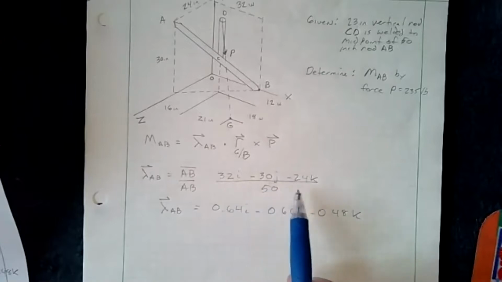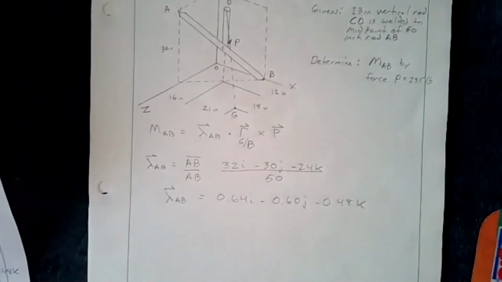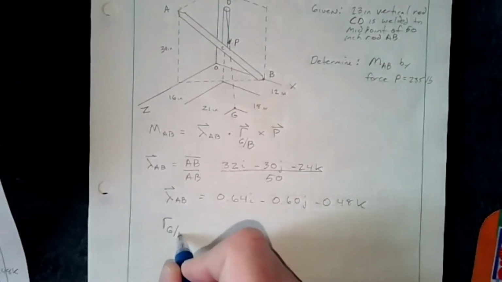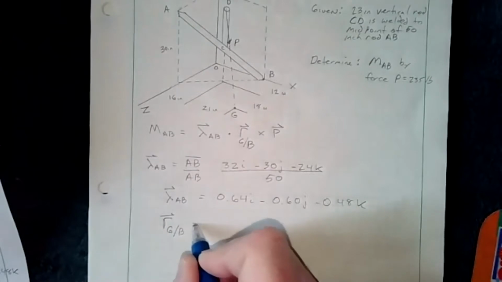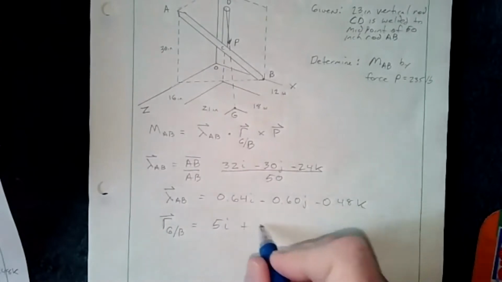So 0.64, 0.6, 0.48. There's my lambda AB. Then again, for my R vector, I'm going G relative to B. In this case, it's going to be 5 I plus 30 K.